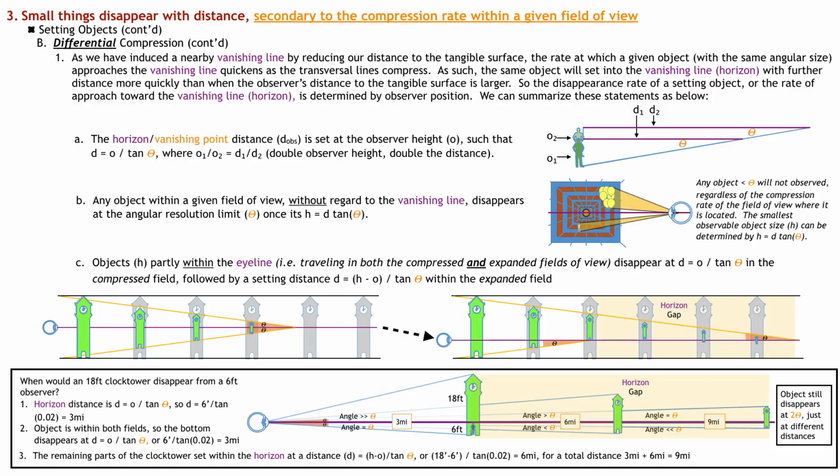So the disappearance rate of a setting object, or the rate of approach toward the vanishing line or horizon, is determined by observer position. And we can summarize that statement as below with some formulas. So the horizon or vanishing point distance, d observer, is set at the observer height O, such that d equals O divided by tangent theta, where again observer height determines distance that is seen, or O1 over O2 equals D1 over D2.